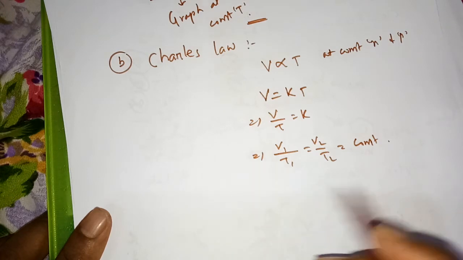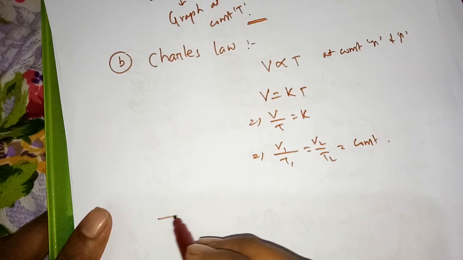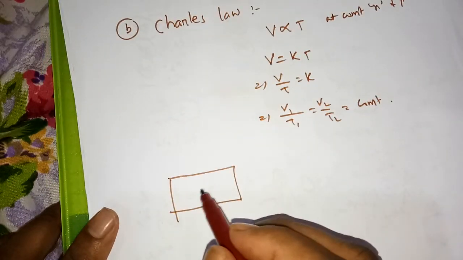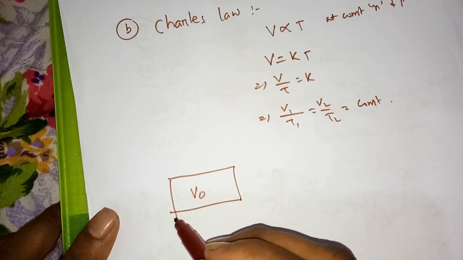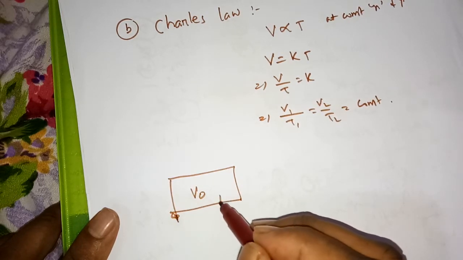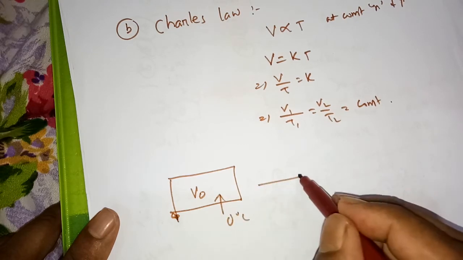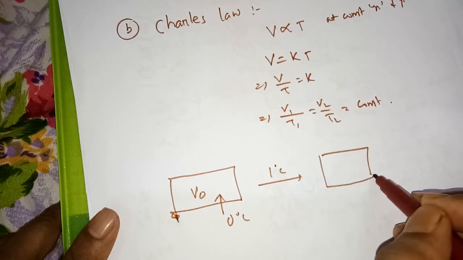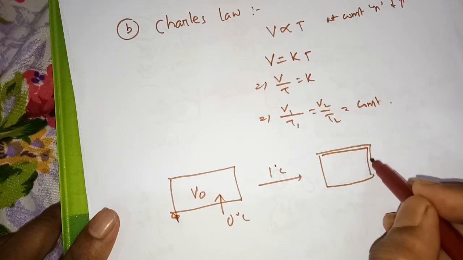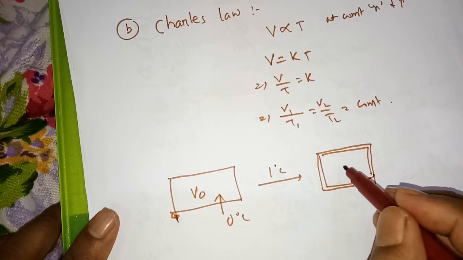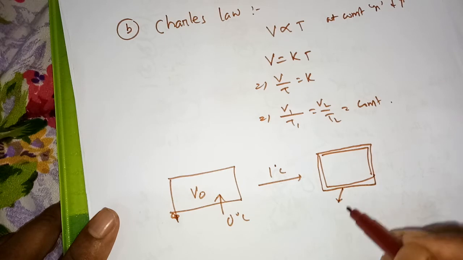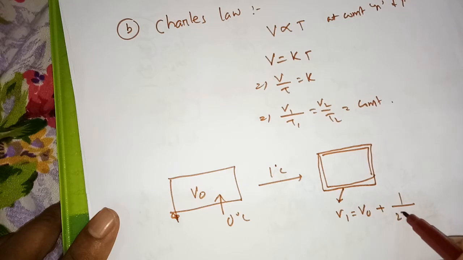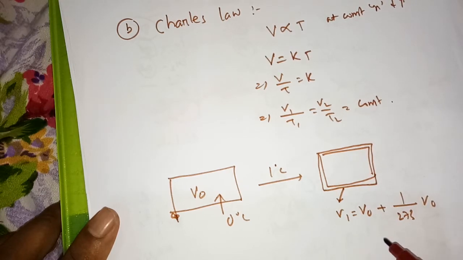The actual law is rather different. The actual law tells that if this is the volume of a substance, V0, at 0 degree centigrade, now if I give 1 degree centigrade temperature to that one, its volume is going to increase. Then the total volume now becomes V1, which is V0 plus 1 by 273 into V0.